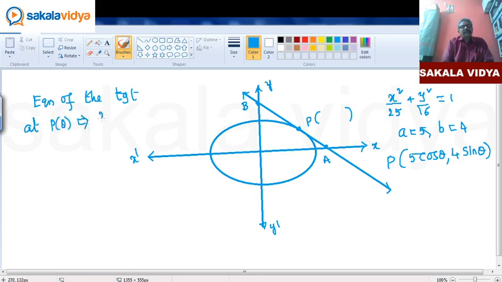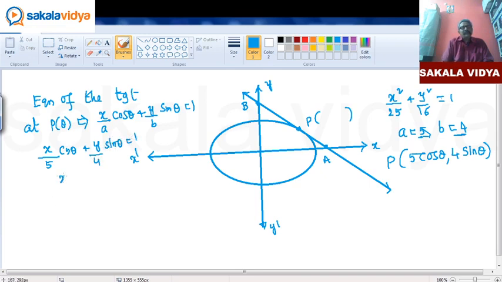We know x by a cos theta plus y by b sin theta equals 1. Substituting a as 5 and b as 4, we get x by 5 cos theta plus y by 4 sin theta equals 1.